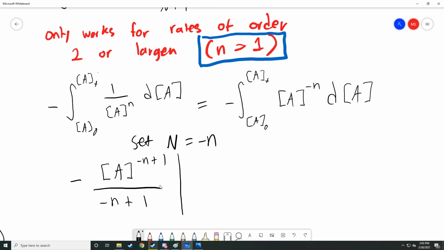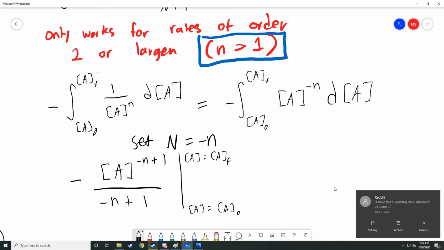And if this was an indefinite integral, we could just add c here and we'd be done, but we do have bounds of integration to worry about. So this is going to be evaluated at A equal to A naught, the initial concentration, and A equal to A final, the final concentration at some time, T final.